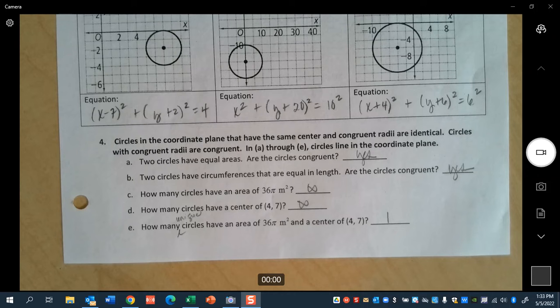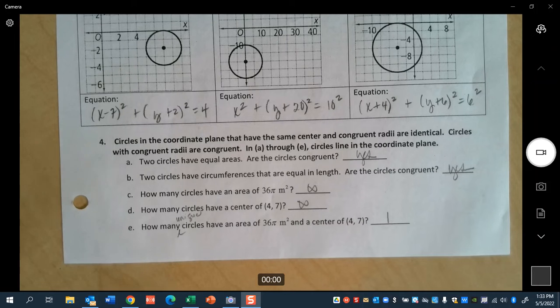Any 2 circles that have the same radii are going to be congruent. You think about it, in a circle I only have one measure, my radius as a distance. So if 2 circles have that same singular measure the same, they're guaranteed to be congruent.